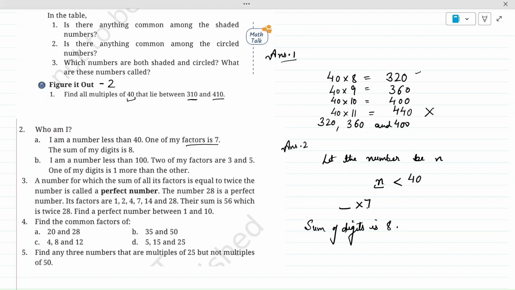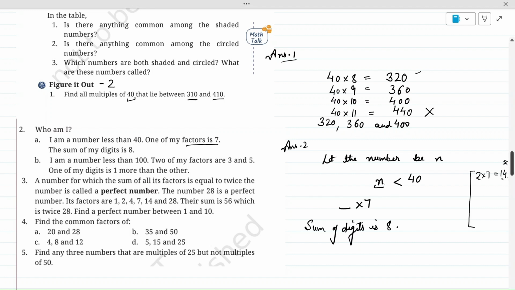If I multiply, I will start with 2. If I multiply 7 with 2, I will get 14. I am just taking this for rough work. But the sum of my digits should also be 8, and if I add 1 plus 4, I get 5.